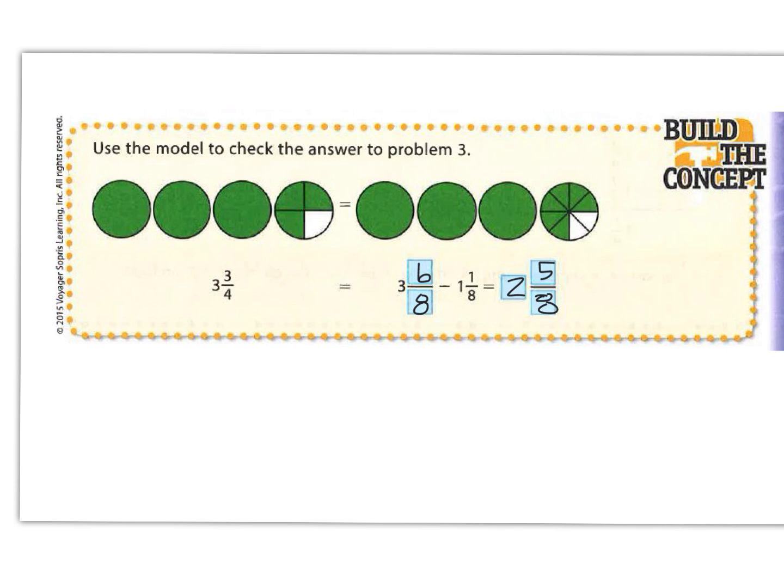Here we have 1, 2, 3 wholes, and then 1, 2, 3, 4, 5, 6 eighths. So 3 6/8, and we're going to take away 1 1/8. So we're going to take away a whole circle, and then we're going to take away 1/8. What do we have left? 2 wholes, which we had, and then 1, 2, 3, 4, 5 eighths. So we did get the correct answer.